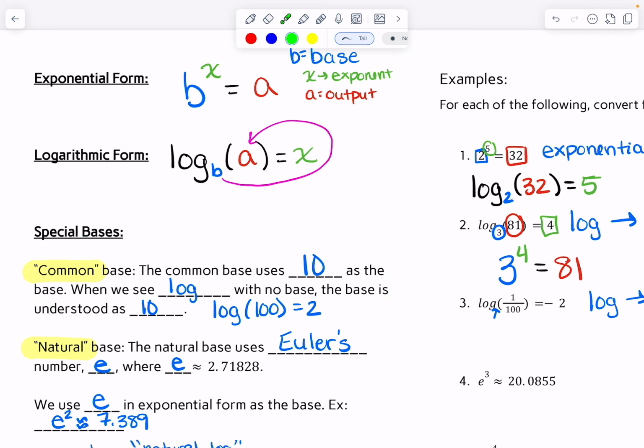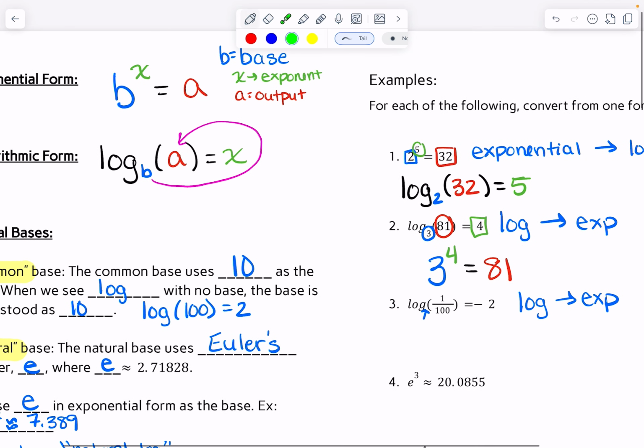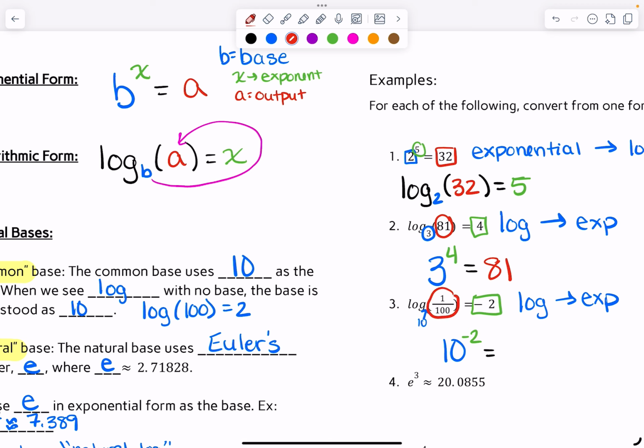So I know that the base here, since I don't see one, is 10. My exponent then is -2, equals my output, which is inside of my logarithm, 1 over 100. Beautiful.